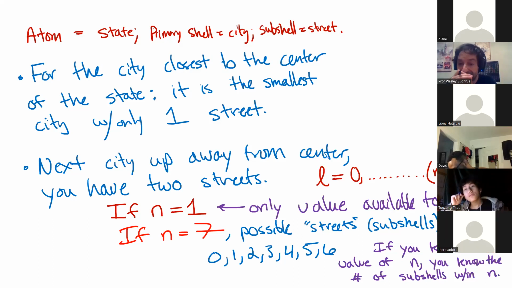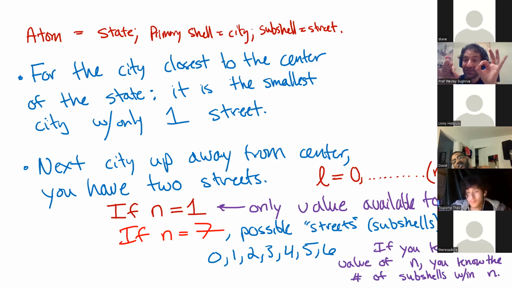So basically, if I'm interpreting this correctly, the number of subshells cannot exceed the value of n. Correct. Okay. Now, it also means it cannot be less than the value of n.